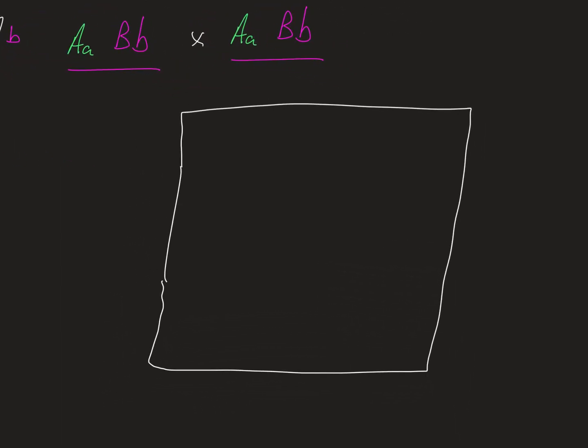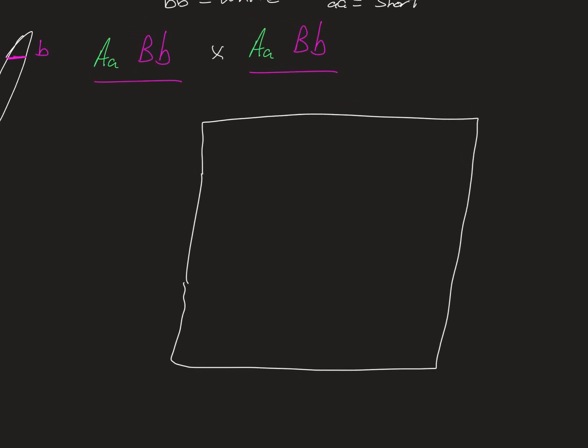Is it like 8? Well, the thing is that for each parent, remember, I'm going to remind you that parent 1 goes here along this top, and parent 2 goes up and down here on this side.